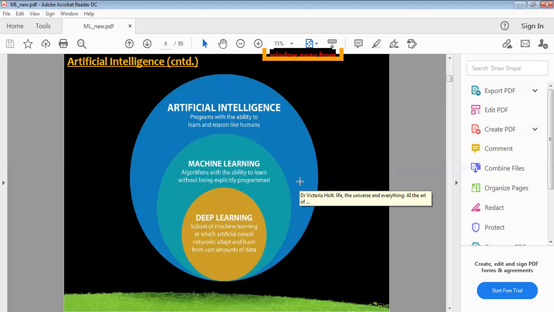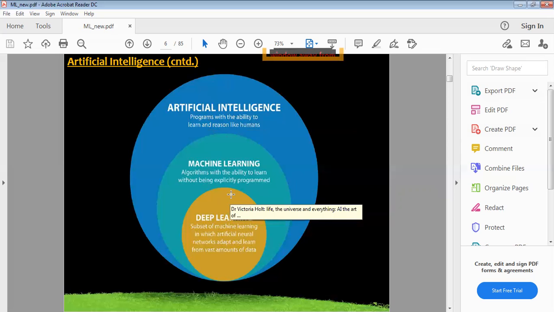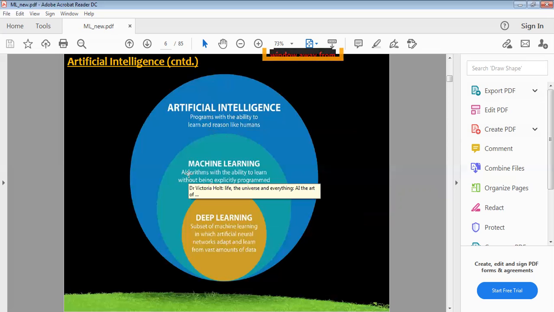Keep in your mind, machine learning will not go for programs. It will only give you some algorithms. Algorithm means a step-by-step procedure to carry out a task. So artificial intelligence is a set of programs, and machine learning is a step-by-step procedure of algorithms.